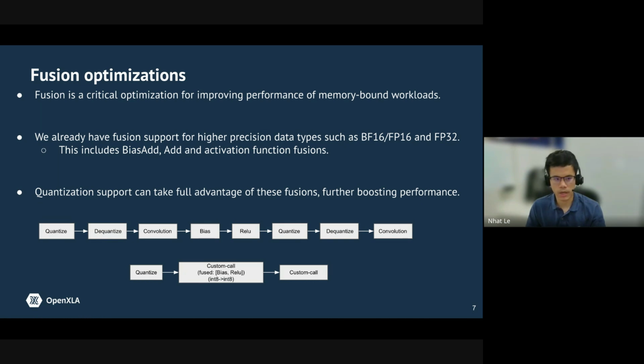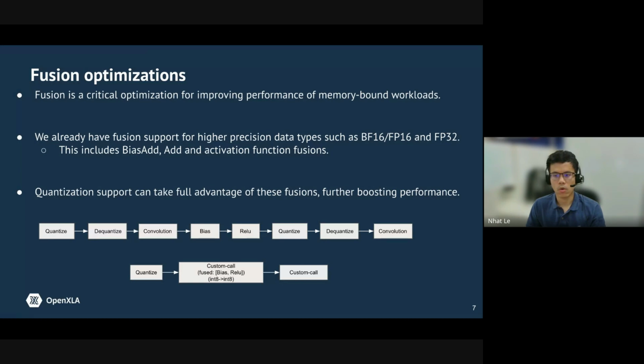In our XLA CPU optimization, we already have support for this fusion when we run compute-intensive operations in high-precision data types like bfloat16, FP16, and FP32. This includes common operations like bias add, and activation functions like ReLU and sigmoid.